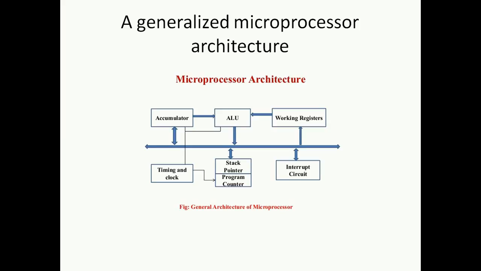When you say an 8-bit microprocessor, it means that the general purpose registers of that microprocessor are 8-bit. When you say a 16-bit microprocessor, the general purpose registers are 16-bit. So likewise. Okay. So we shall continue with this in the upcoming videos.